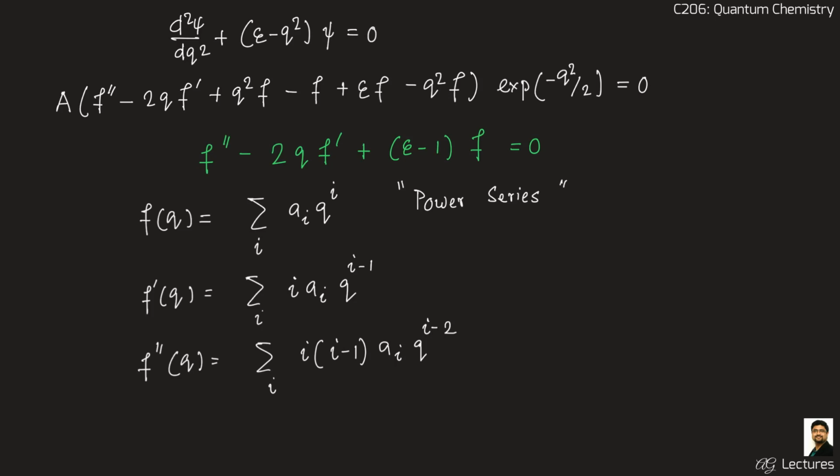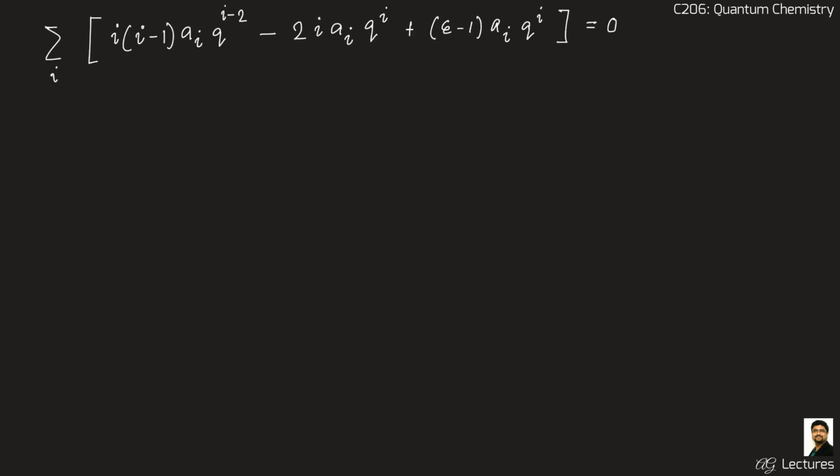Now we need to substitute these f prime and f double prime into the equation, and then we should get the equation in the form of an infinite series. Now let's substitute these three things into this equation, and then we get the following. I have plugged the series into the equation. This entire term here came from f double prime.